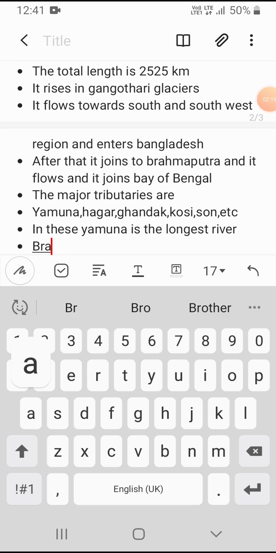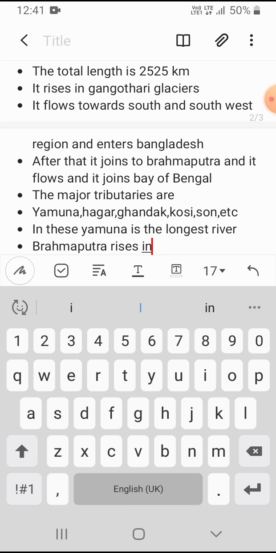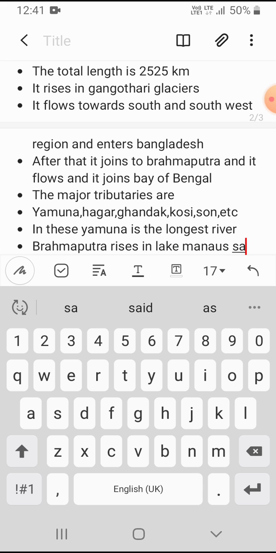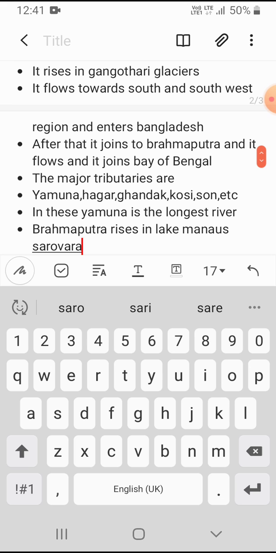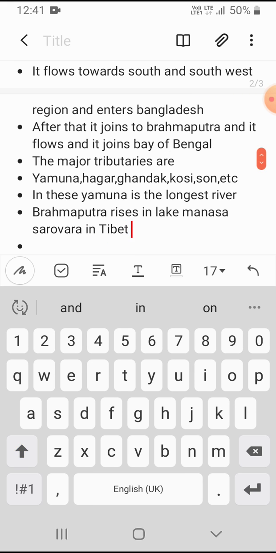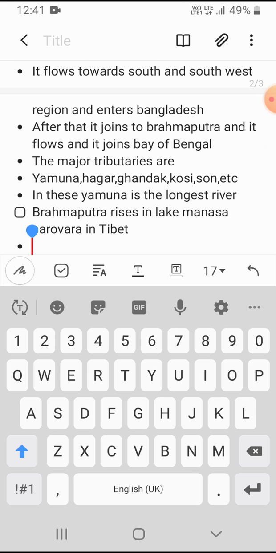Brahmaputra rises in Lake Manasa Sarovara in Tibet.